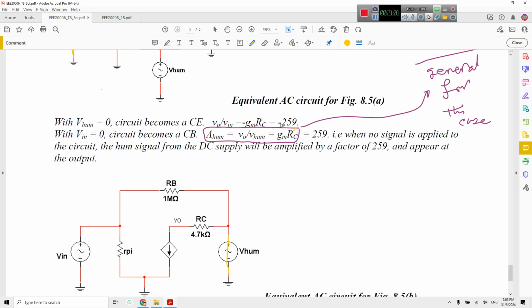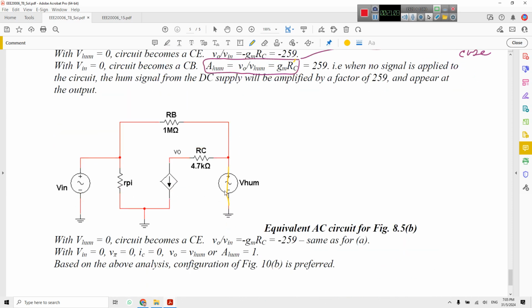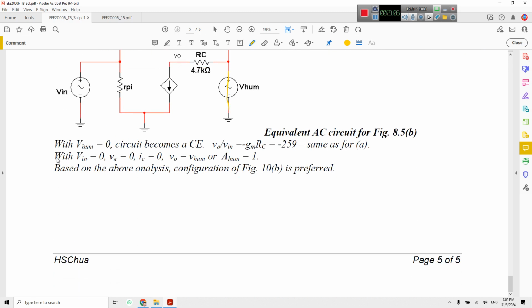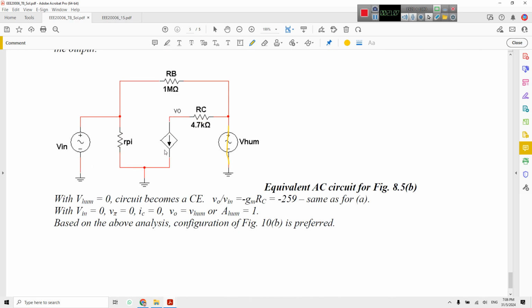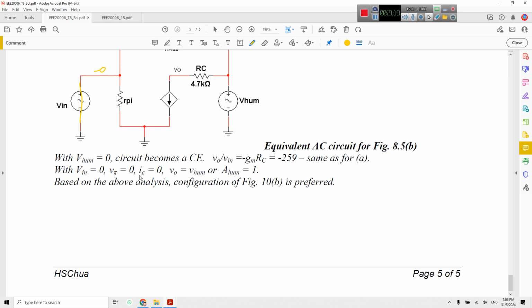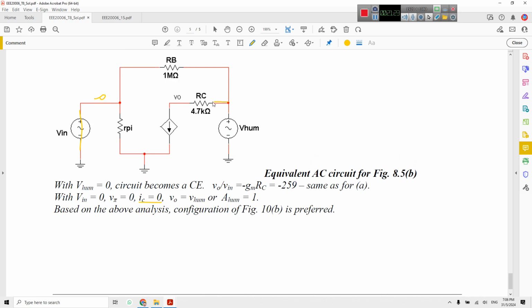minus 259. You can calculate it by yourself. But in the second case, that is the important one. When V in equals 0, IB becomes 0, so IC again becomes 0. Then there is no current, as I mentioned last time.